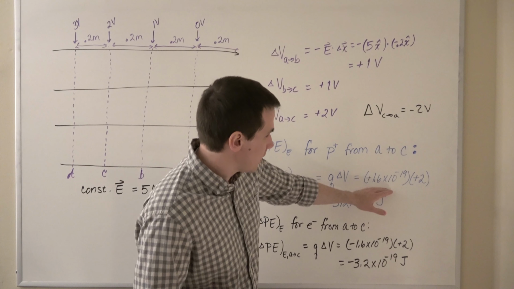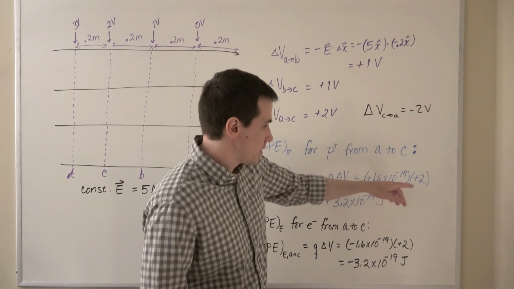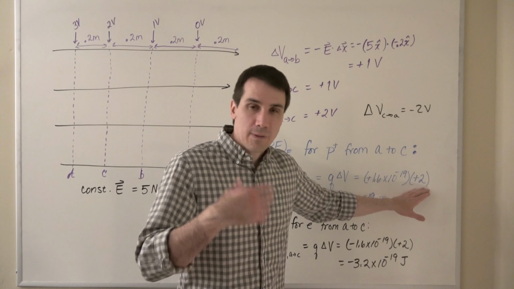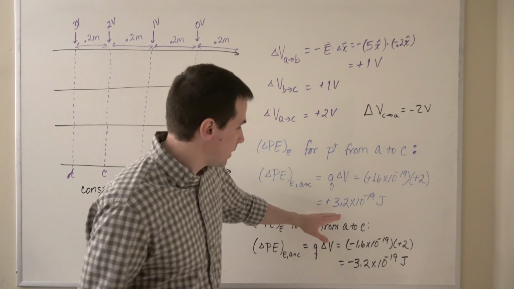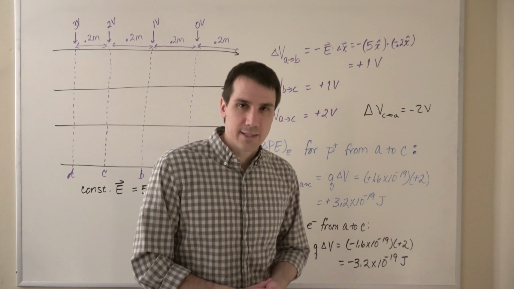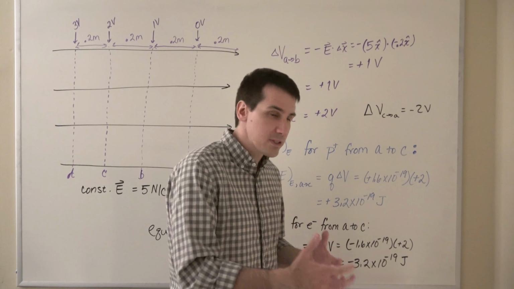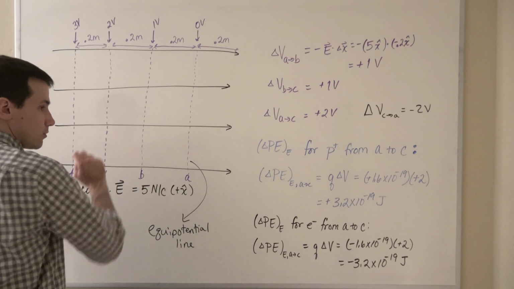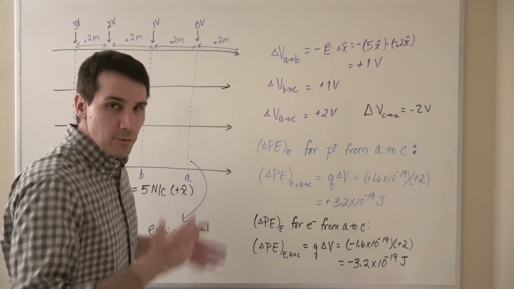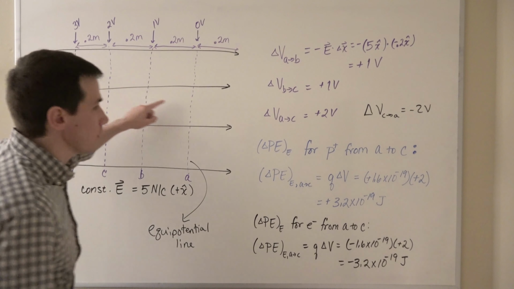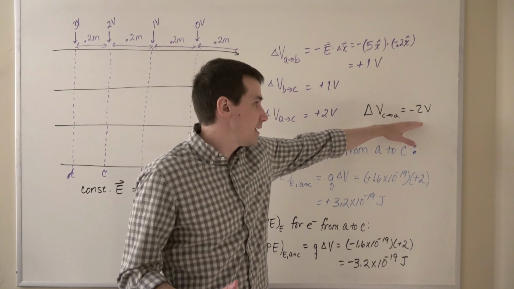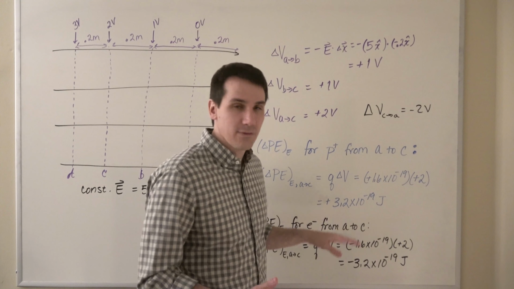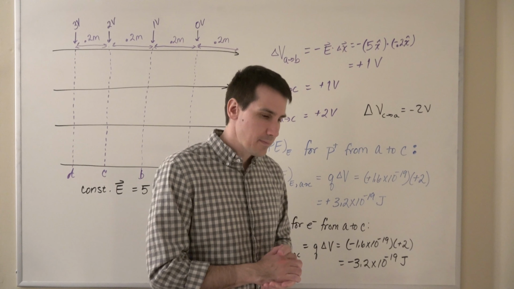So my proton has a charge of plus 1.6 times 10 to the -19th coulombs multiplied by my 2 volts, which gives me 3.2 times 10 to the -19th joules of energy that my proton gained as it moved from A to C. If it moved from C to A, the other way, it would experience a negative potential difference and it would give back that energy. It would have a negative of this value. It would lose energy.